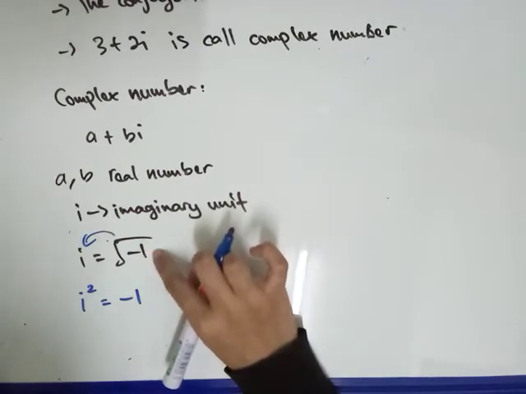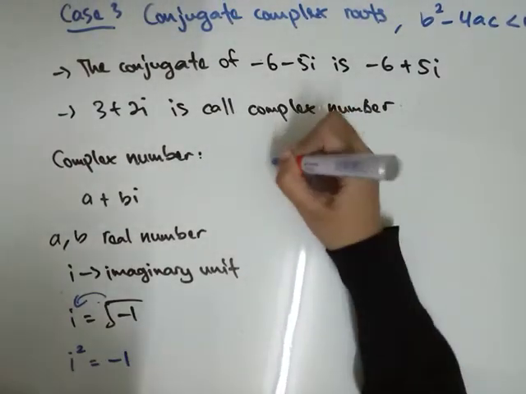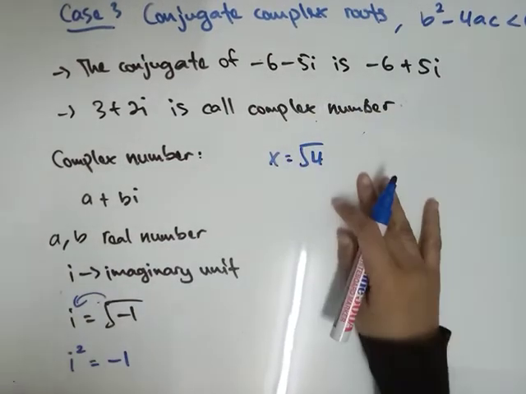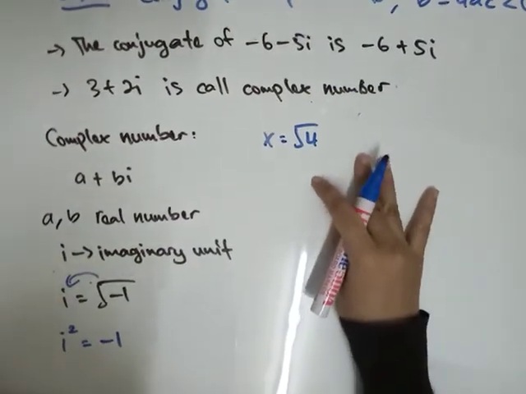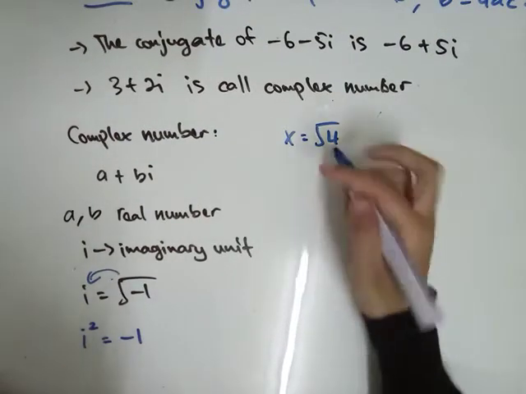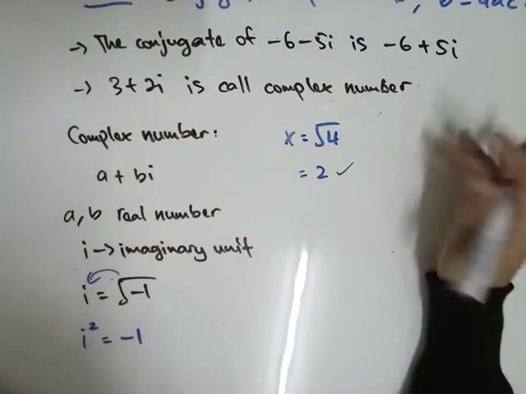To know how it can be like this, I give you an example. Let's say we have x equals square root of 4. Then we can simplify, and we get 2. This one we can solve.